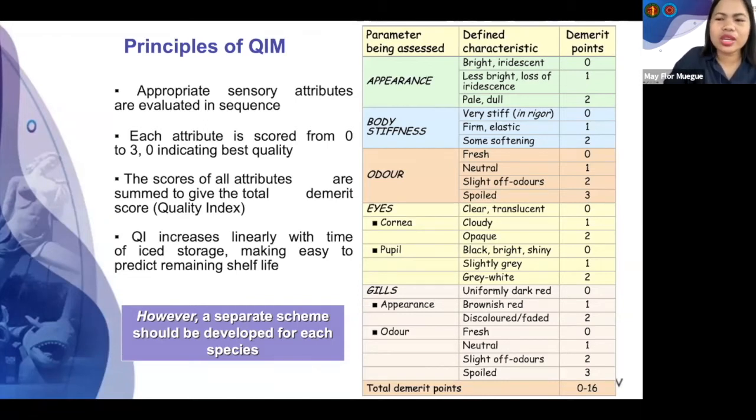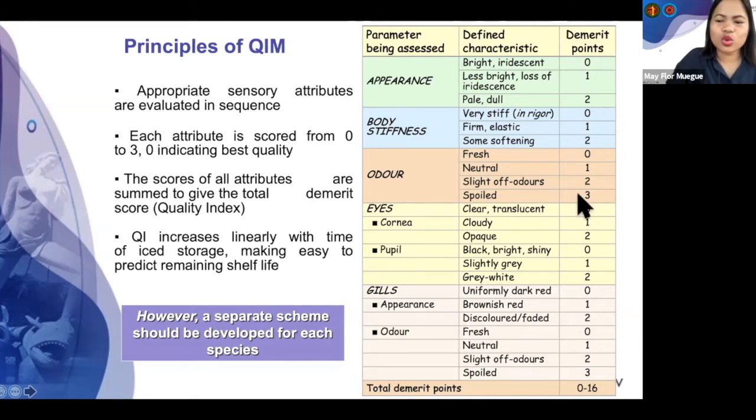This one is about the principle, the QIM or the quality index method. Appropriate sensory attributes are evaluated in sequence. So meron silang mga parameters na tinitingnan: the appearance, the body stiffness, odor, eyes, gills. And then it has assigned demerit scores.